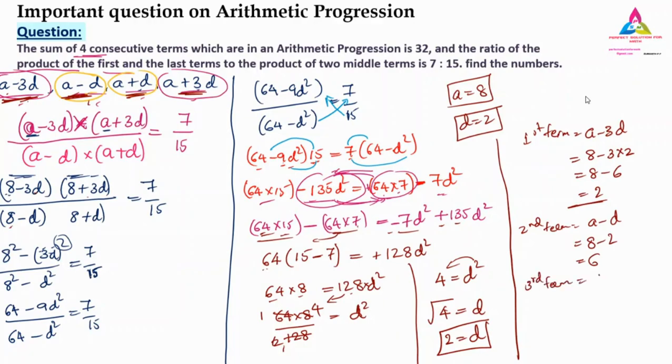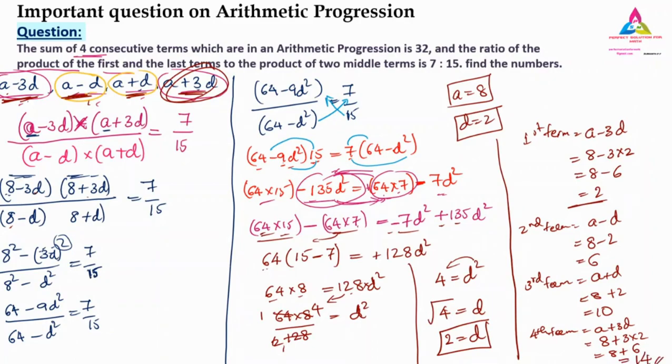Third term we have to find. The third term of an AP is nothing but a plus d, as we have taken. The a value is 8, the d value is 2, that equals 10. And the fourth and final term is a plus 3d, as we have taken. Here you can see, check it. So 8 plus 3 times 2, 8 plus 3 twos are 6, that equals nothing but 14.